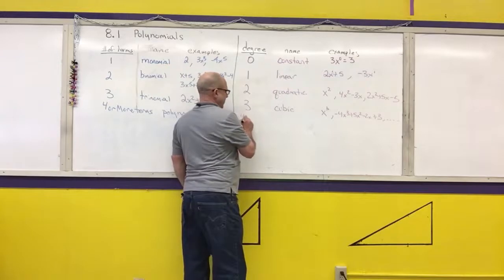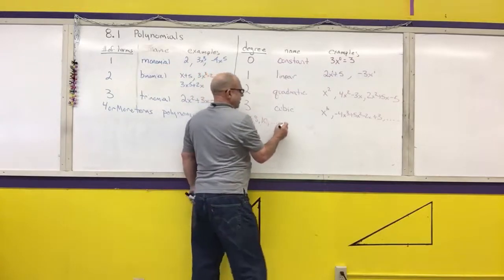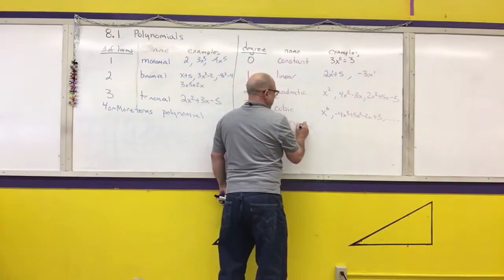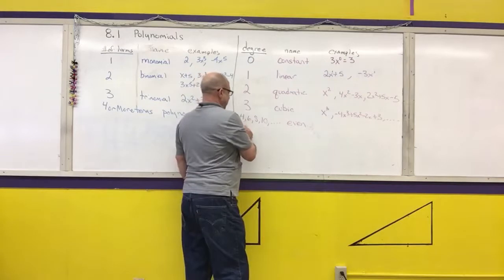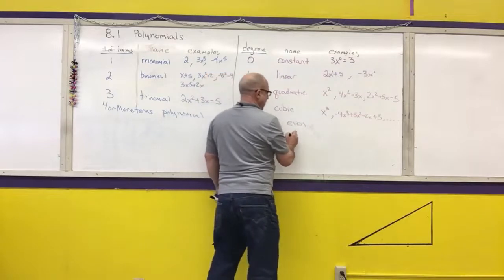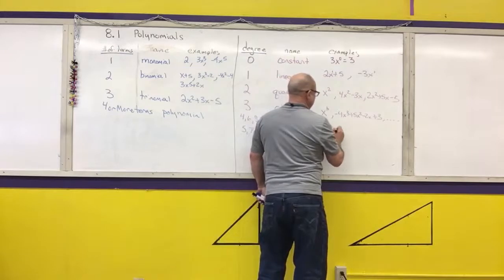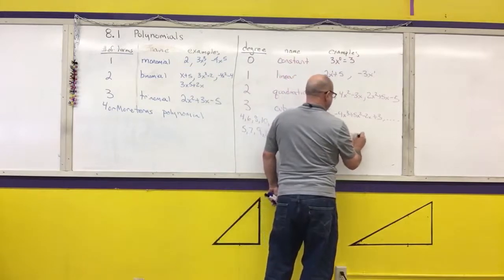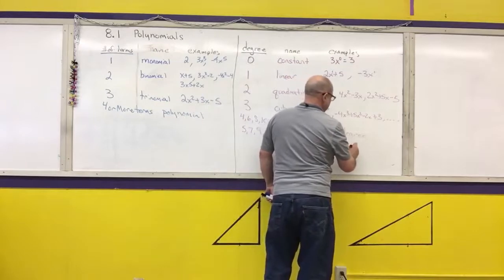However, typically, anything after 3, if it's an even number, we just call it an even polynomial. And if it's an odd number, we call it an odd polynomial of the nth degree, where n is equal to the degree of the polynomial.